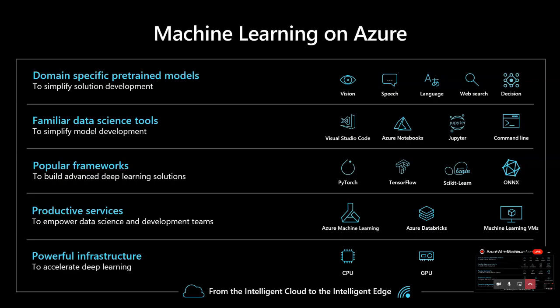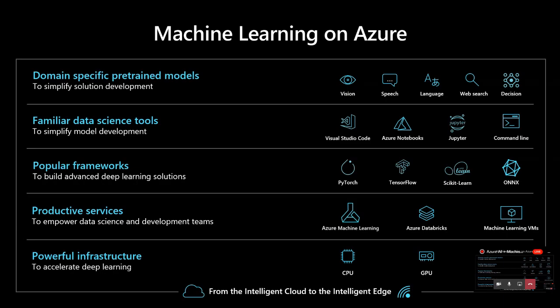Or you can build and deploy your machine learning models. We cover various popular frameworks to build advanced deep learning solutions, whether you're working on PyTorch, TensorFlow, scikit-learn, or ONNX, which lets you build models that you can deploy on cross platforms. You can leverage all of them in Azure.